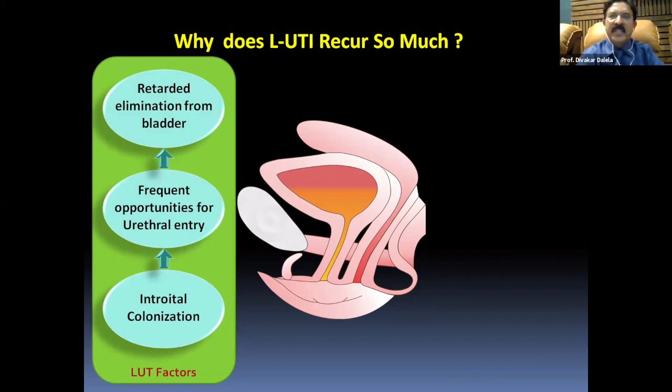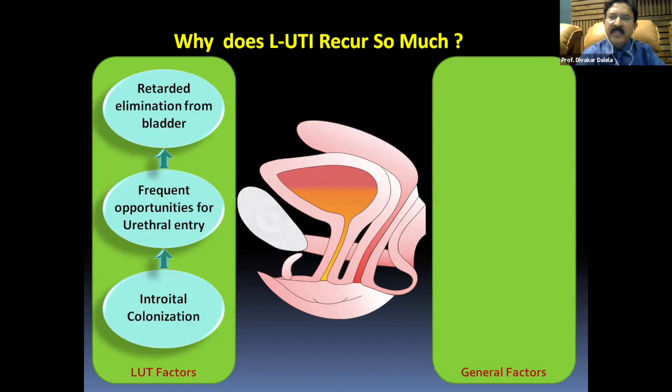But if there's some reason in the bladder, some reason in the female because of which the bacteria cannot be cleared out, then they have time inside the bladder to multiply and cause infection. So these are three reasons for occurrence of infection in the lower urinary tract: greater colonization, more entry into the urethra, and disability on the part of the bladder to completely clear bacteria out.